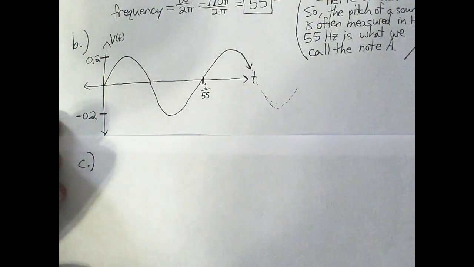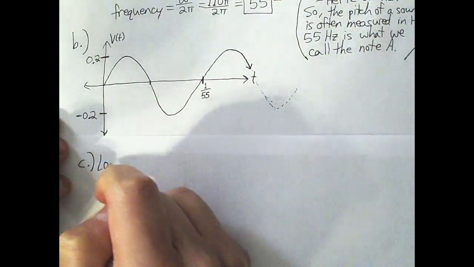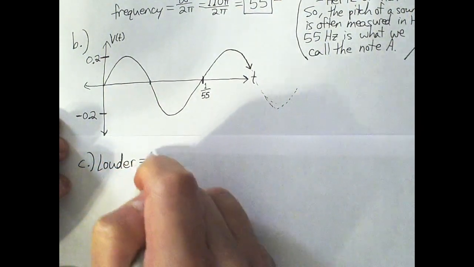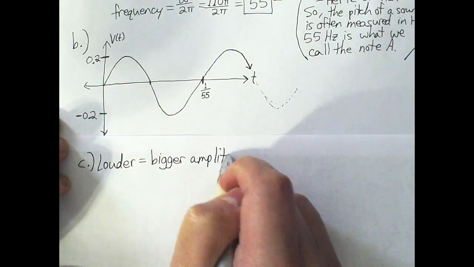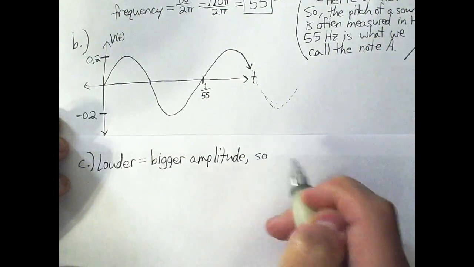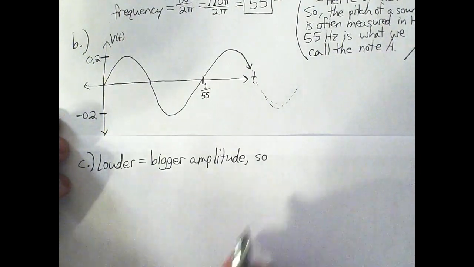So part C said, if the note is played louder, how does the equation change? So I'm going to just explain this in words. I'm going to say louder would be a bigger amplitude. So why do I know that? Why do I know it's a bigger amplitude? Because, you know, our perception of things being louder would be that the air is vibrating more strongly, which means the string is probably vibrating more strongly, and the amplitude's going to be larger for that reason.